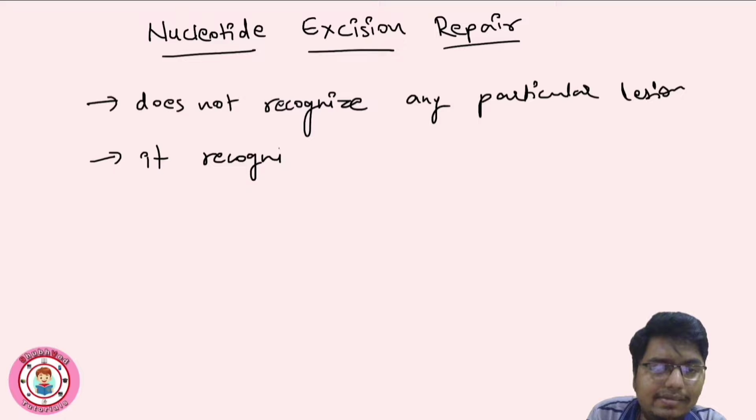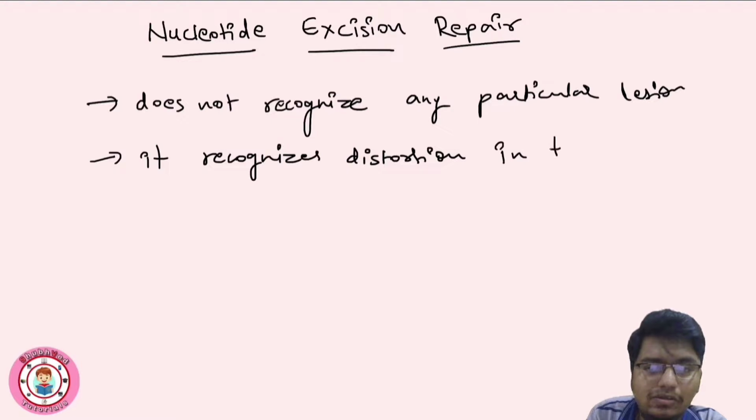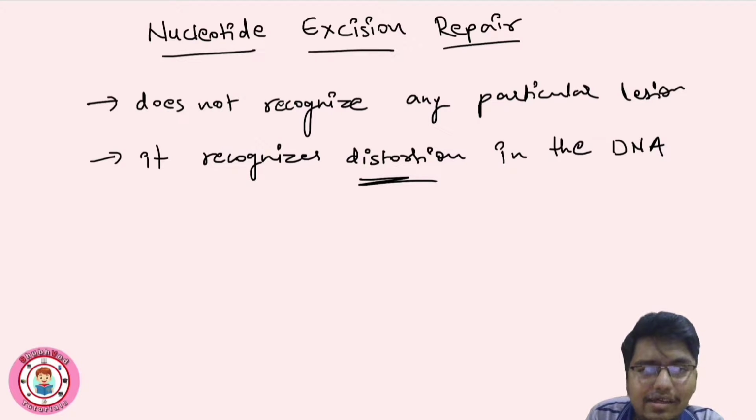Distortion means a change in the structure of the DNA because of damage. So it recognizes the distortion in the DNA and then it starts repairing the damage, based on the structural changes in the DNA.